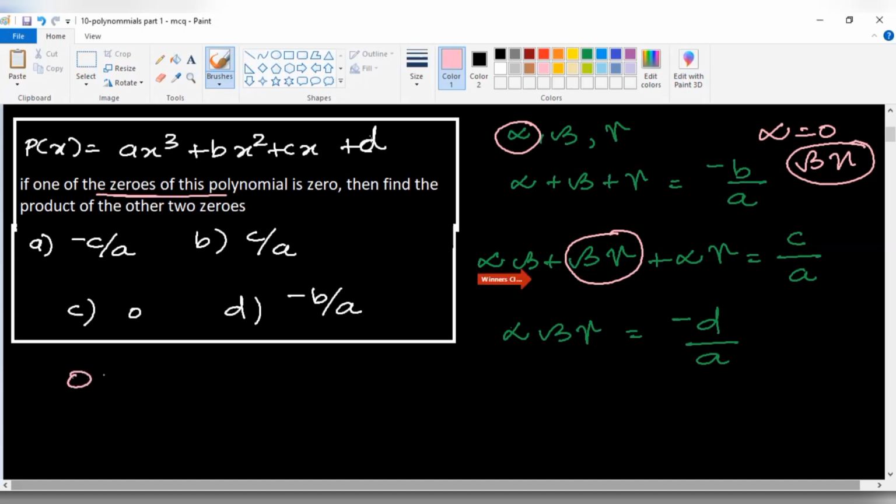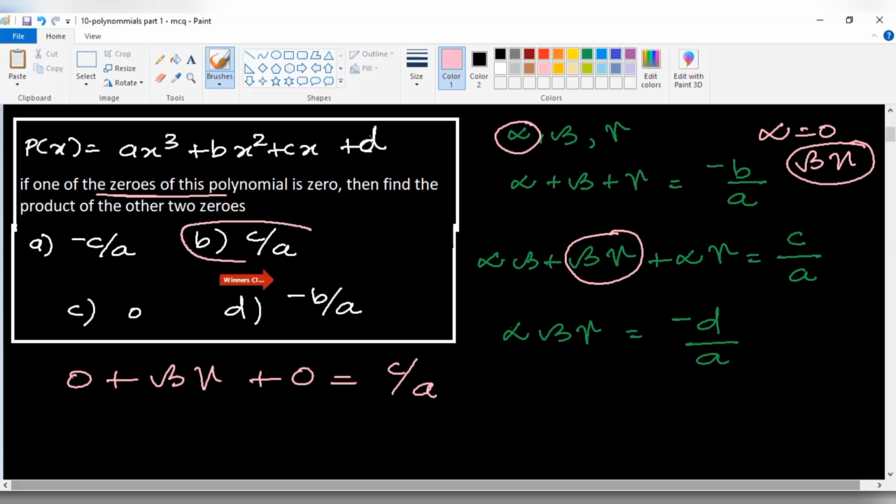That means 0 plus beta gamma plus alpha gamma, and here also alpha is 0, so this is also 0, is equal to c by a. So actually what is asked in the question, beta gamma, is c by a. This is the correct option, B.